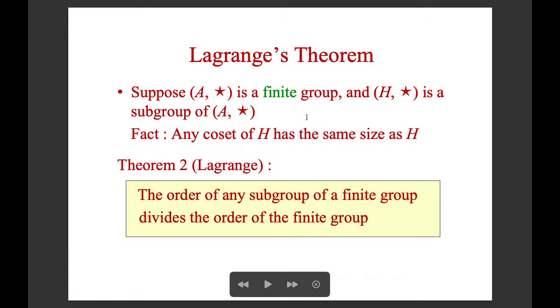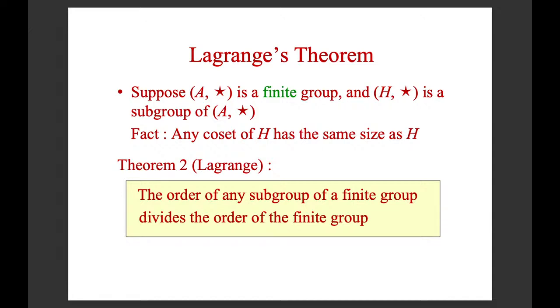Because any two cosets are disjoint. H itself is a coset, the coset with respect to the identity item. Now we will see that all the cosets are disjoint, but their union is equal to A.